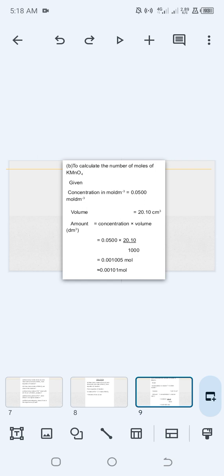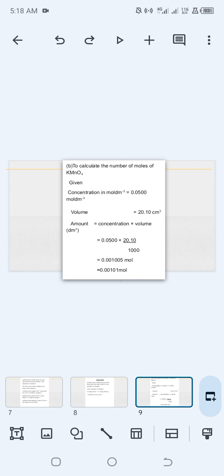That shows amount will now be equal to concentration times volume in dm³. Now, it's equal to 0.0500 multiplied by 20.10 divided by 1000. Our answer is 0.001005 mole.